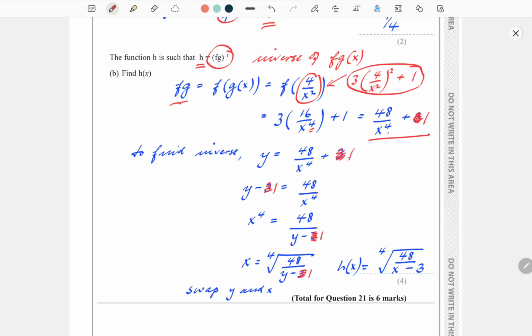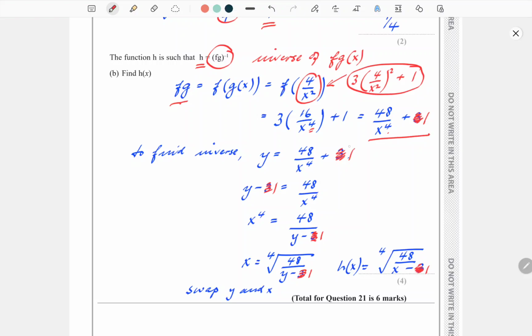My only excuse has been a long paper. It's taken a while. Right, that's corrected that stupid little mistake there. Okay, so we now know what the actual function is, 48 over x to the power 4 plus 1.